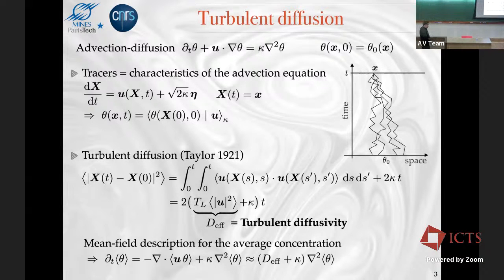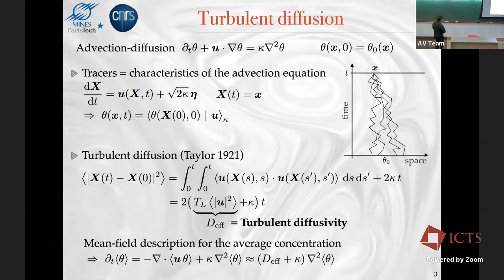Yes, exactly, it will depend on the energy, so it will be the amplitude, the RMS, the energy of the turbulent fluctuations. It also depends on the time scales of your flow, but it's a Lagrangian time scale, that's why there is an L. Basically, the more turbulent energy you have, the bigger your effective diffusivity.